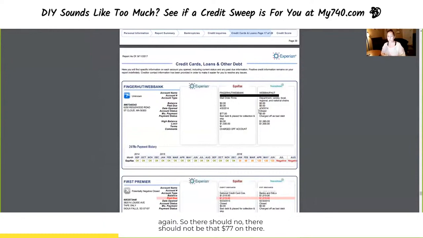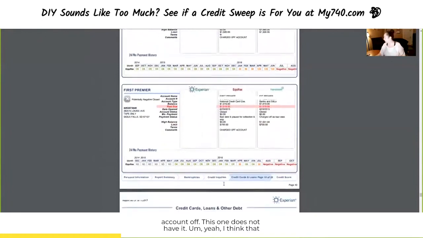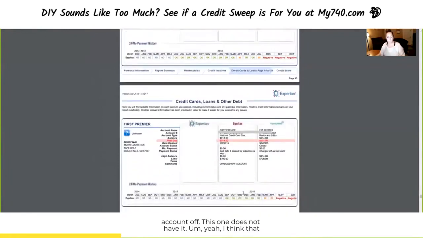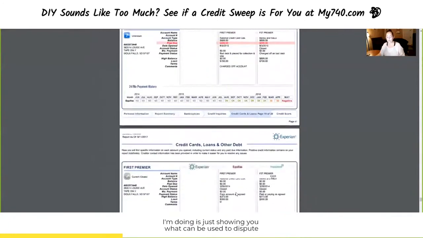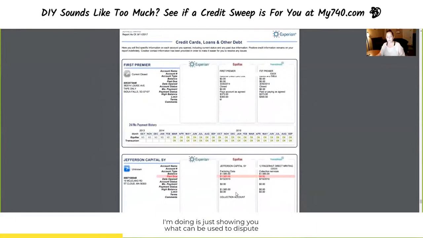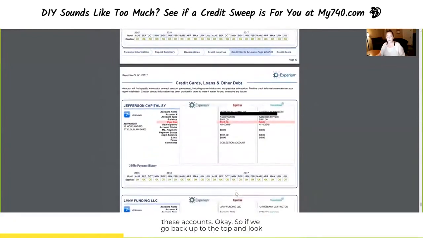So there should not be that $77 on there, and because it's on there, you can dispute it to get that account off. This one does not have it. I think that might be the only one on here that actually has that, but what I'm doing is just showing you what can be used to dispute these accounts.